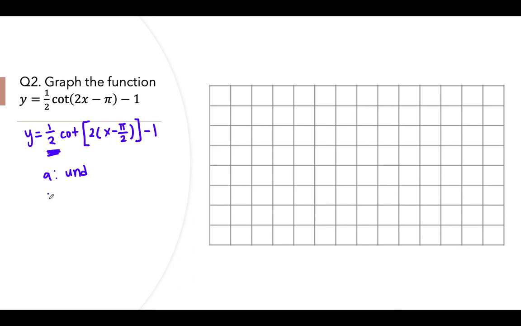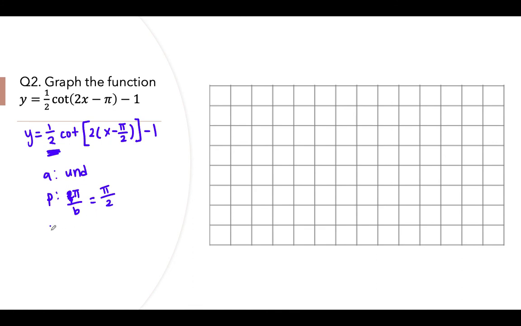And then for period is 2 pi over b, which is in this case 2. But it's cotangent, sorry. So cotangent originally is going to be pi for 1 cycle. So then pi divided by 2 is just pi over 2, okay?